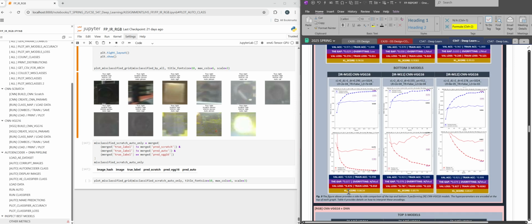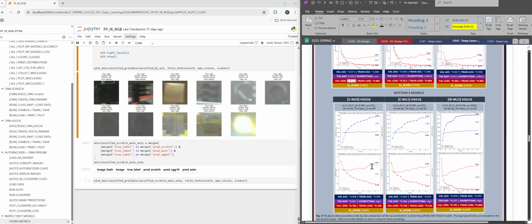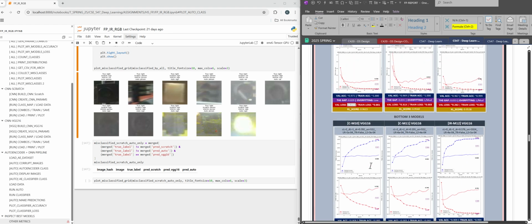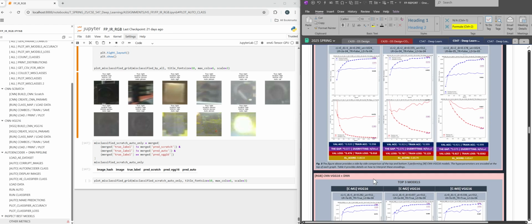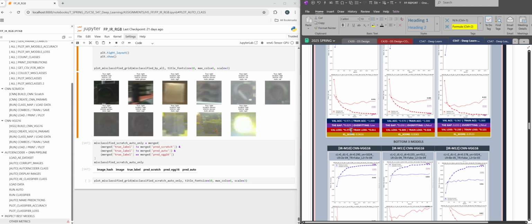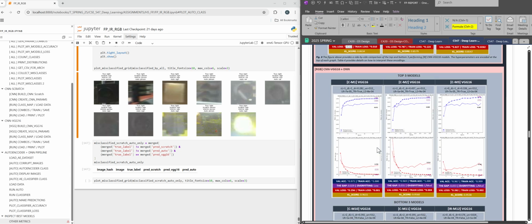The validation loss was 0.476 for... no, sorry, I'm getting turned around here. 0.256 and 0.274. Okay, so not that much different.